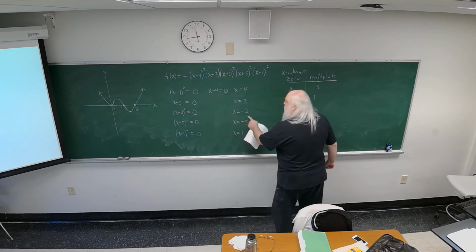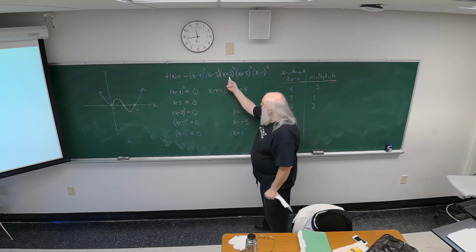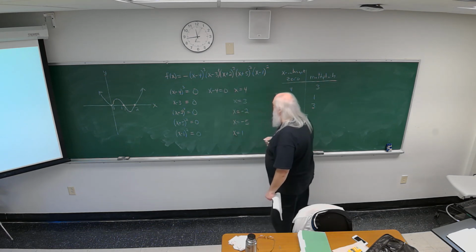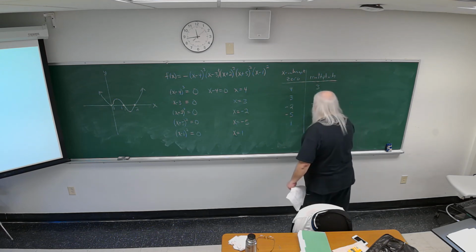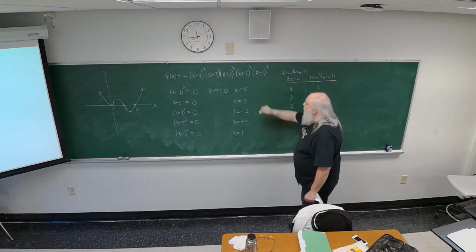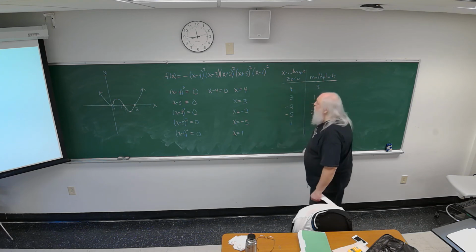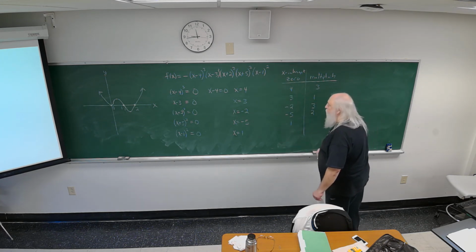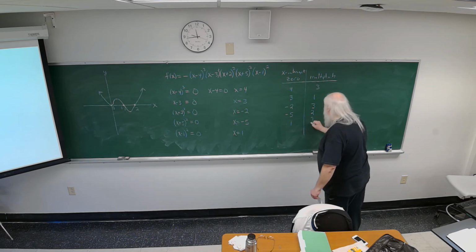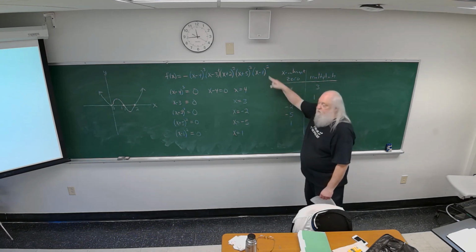The 0 x equals minus 2 has a multiplicity of 3, because we have x plus 2 cubed. The 0 x equals minus 5 has a multiplicity of 2, because it's x plus 5 squared. And the 0 x equals 1 has a multiplicity of 2 because it's x minus 1 squared.